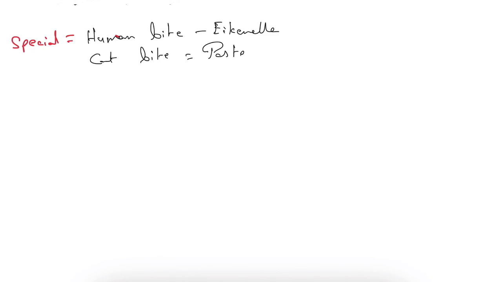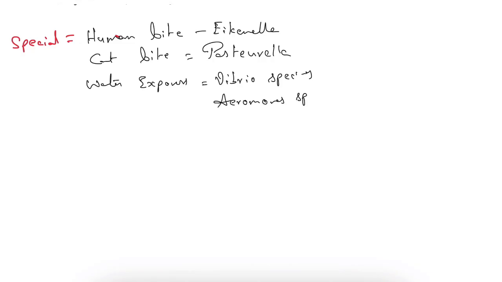In special cases we can see human bite, caused by Eikenella. Next, cat bite, caused by Pasteurella. Next, water exposure, caused by Vibrio species and Aeromonas species. So human bite, cat bite and water exposure can cause this type of cellulitis.